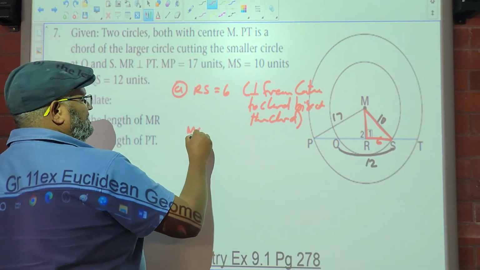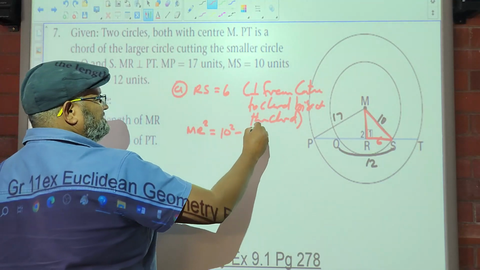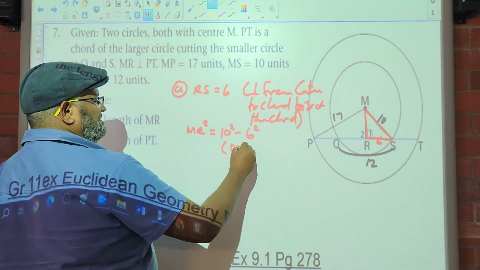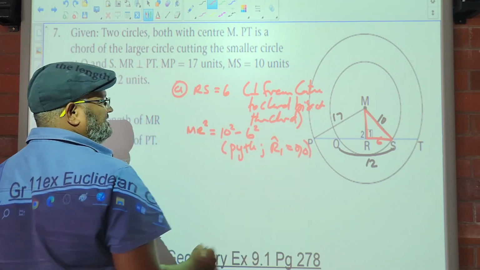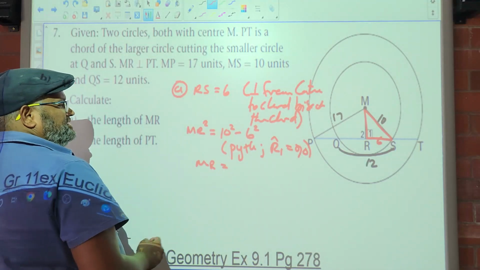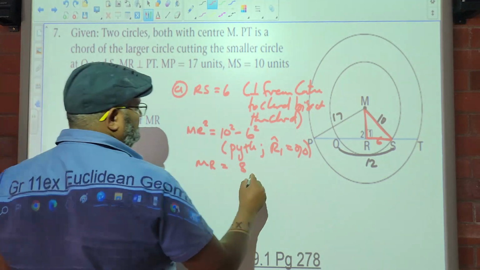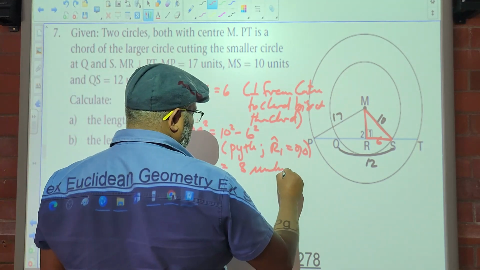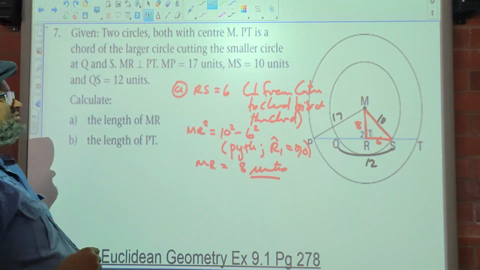So MR squared is equal to 10 squared minus 6 squared. The reason? Pythagoras with angle R1 equals 90 degrees. So MR squared is equal to 64. The square root thereof, 8 units.